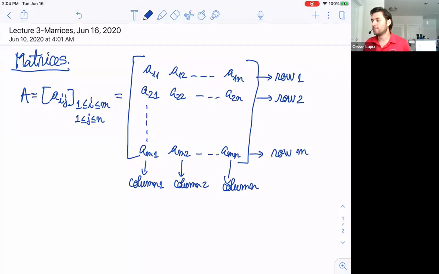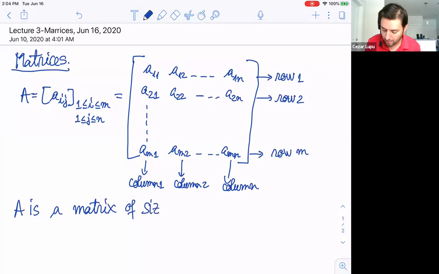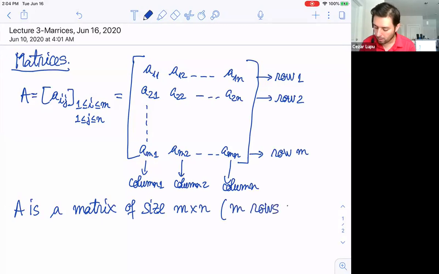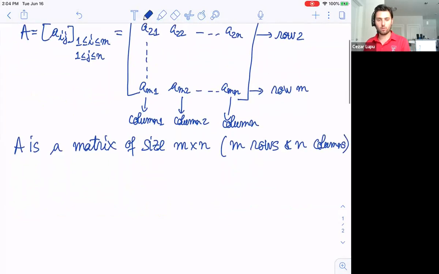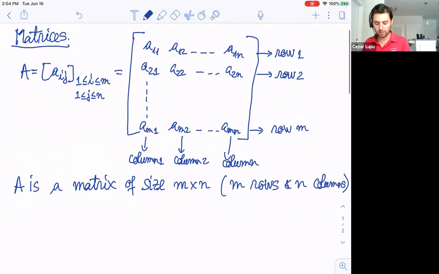So we call A a matrix of size m by n. This means m rows and n columns. That's what it means to be a matrix. So this is how we write the matrix.